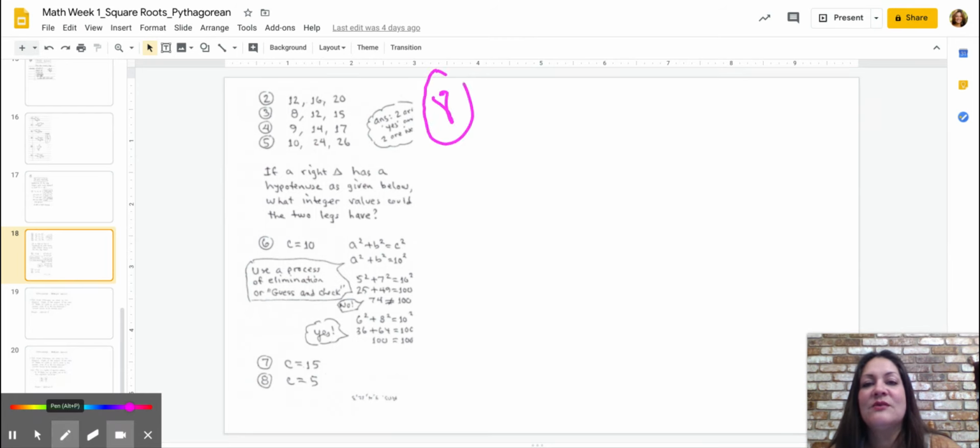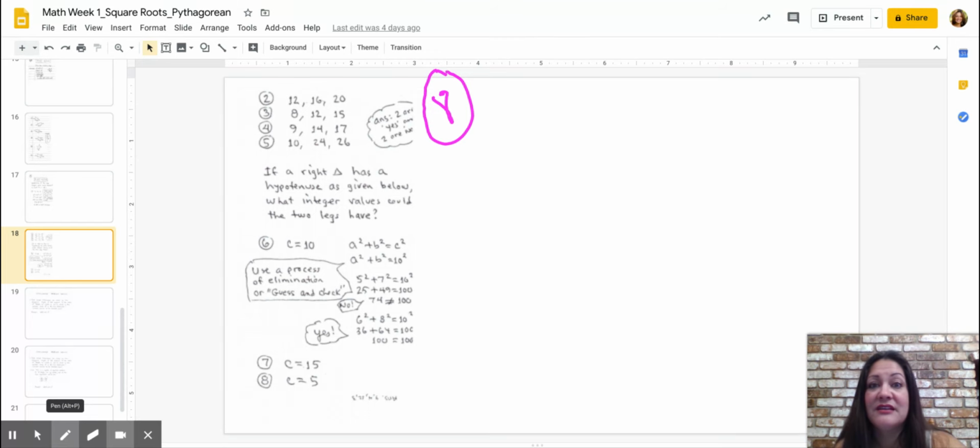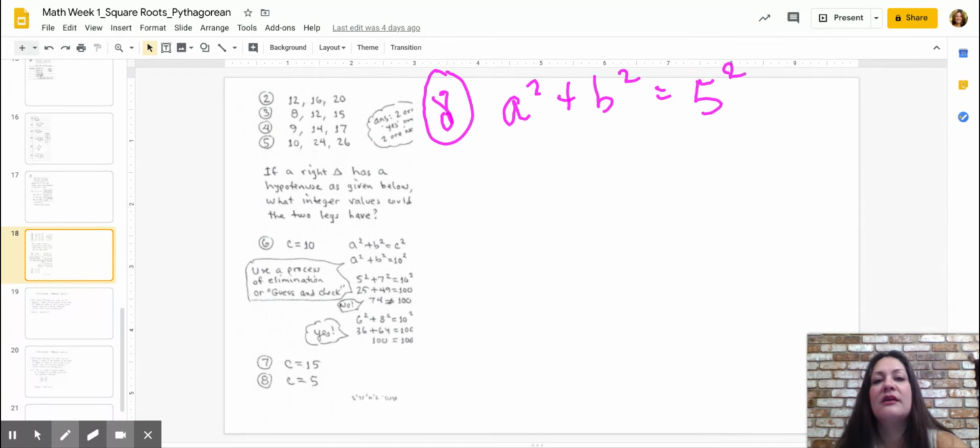We have C equals 5. A squared plus B squared equals 5 squared, 25. Now, there's just some things that I remember, and maybe you guys do too, because this was on our classwork and on the second side of our math homework multiple times, many.